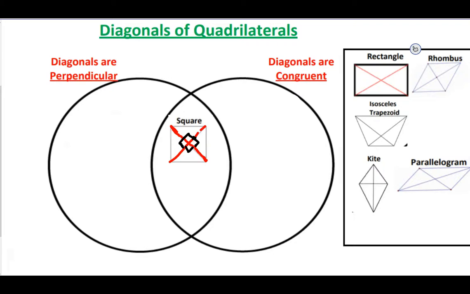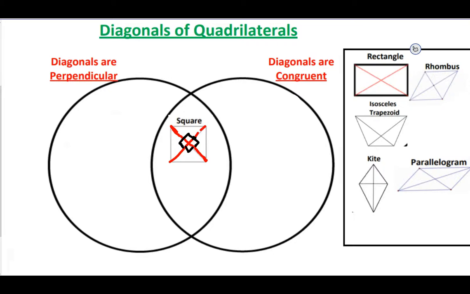If you look at the rhombus up here, you can see that there's 90-degree angles formed. And are the diagonals congruent? Who's got my rhombus that I sent out? Okay, here's our rhombus. Are the diagonals the same length?